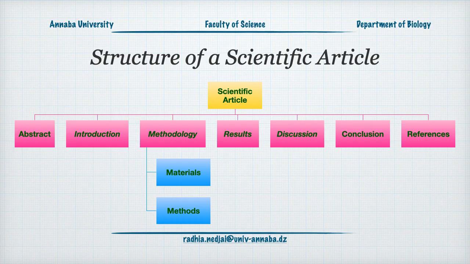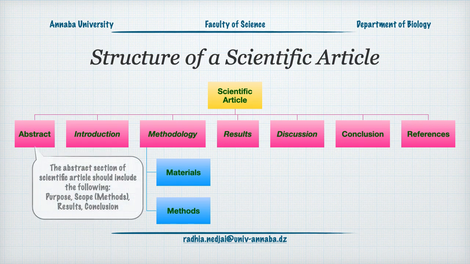The abstract is a brief summary of the entire study. And this section should include the following: purpose, scope, result, and conclusion. Think of it as a snapshot that allows the readers to quickly understand what the study is about.